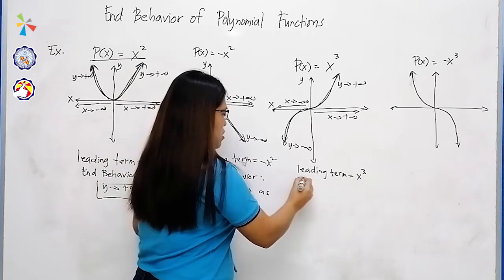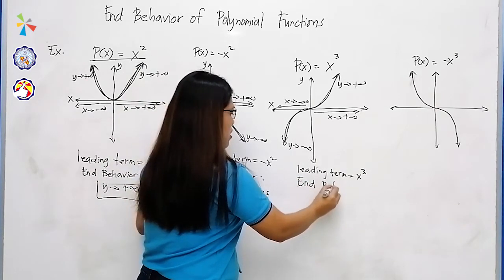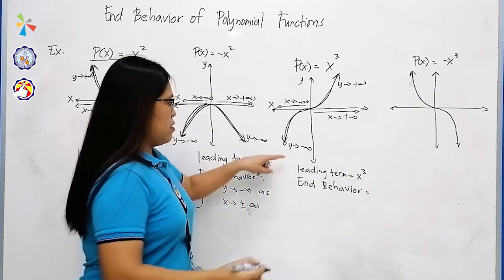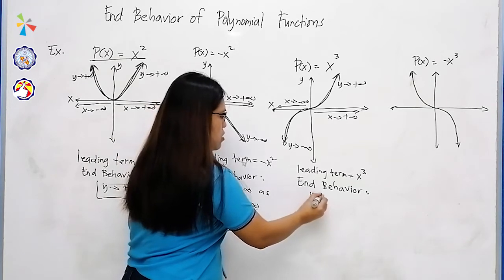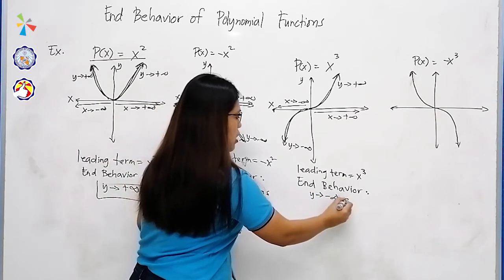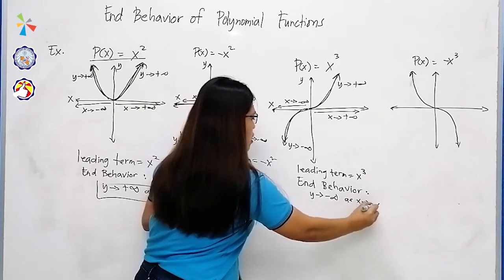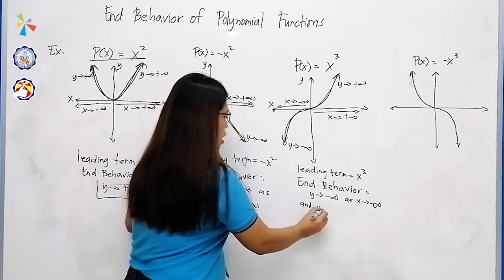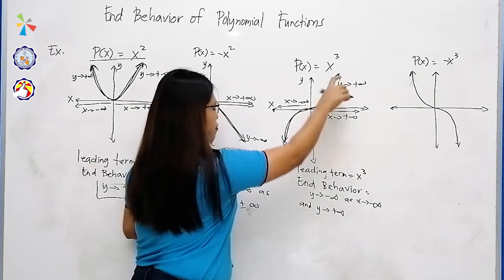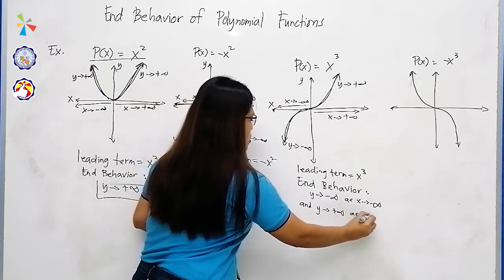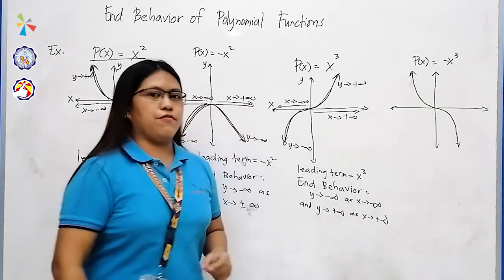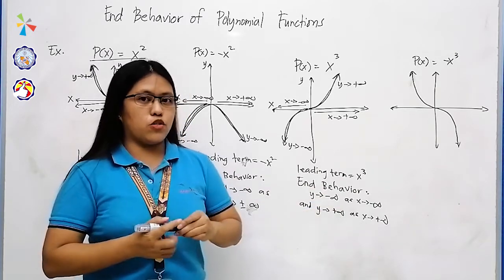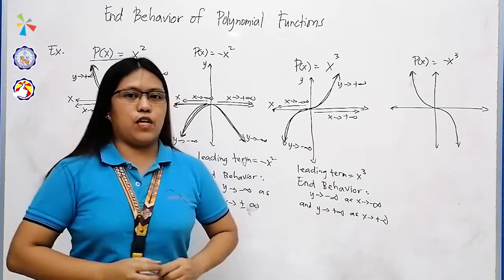So in this case, we say that the end behavior is y approaches negative infinity as x approaches negative infinity, and y approaches positive infinity as x approaches positive infinity. This is how the end behavior of a cubic function is different from the end behavior of a quadratic function.